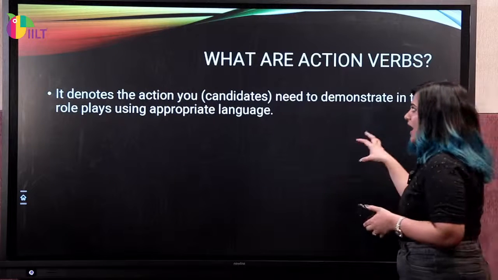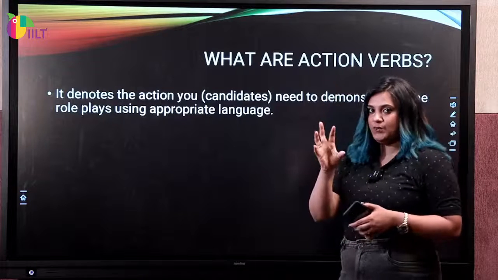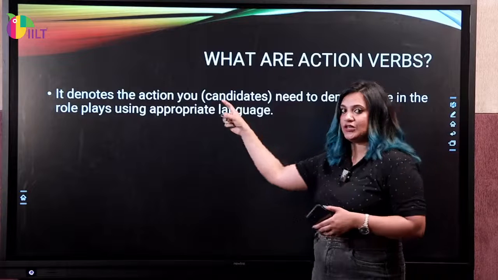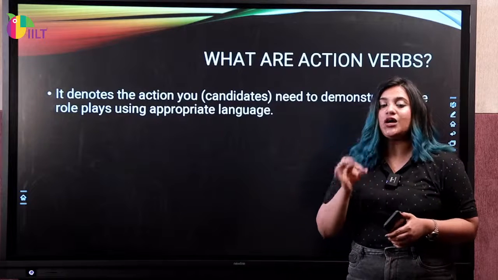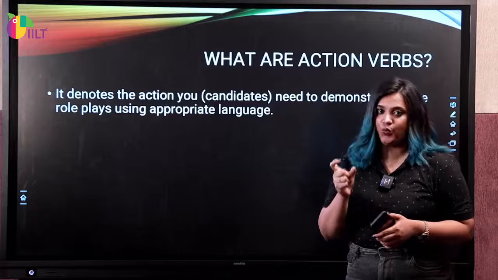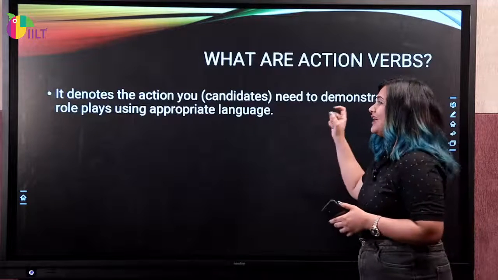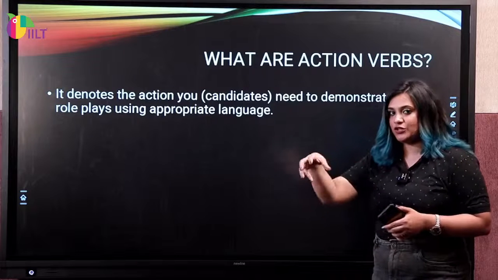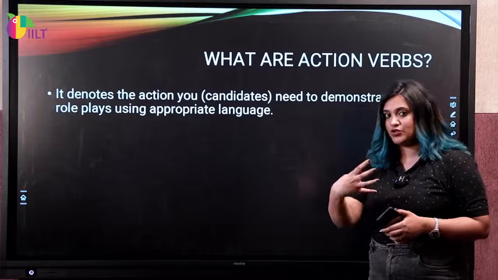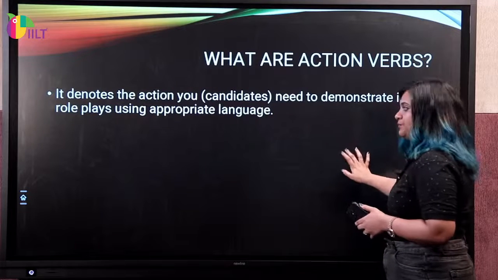As the word suggests, action verbs are the verbs which denote an action that you need to do in that particular task. Each task will have one or more action verbs, and that means you have to do that. That task will be demanding you to do a particular action. That is what is called an action verb.